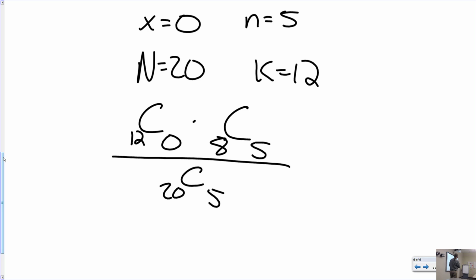Note that that first number, the combination of 12 things taken 0 at a time, by definition is 1. So you don't even really have to worry about that one. So 8 choose 5 divided by the combination of 20 things, choose 5. Oop, that's really unlikely to happen, right?